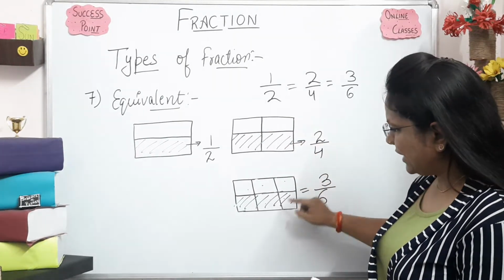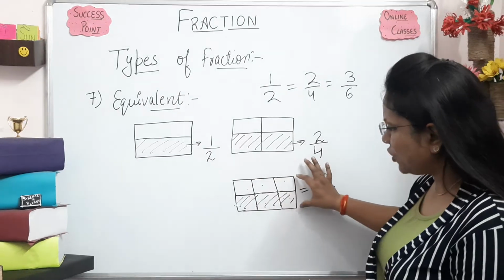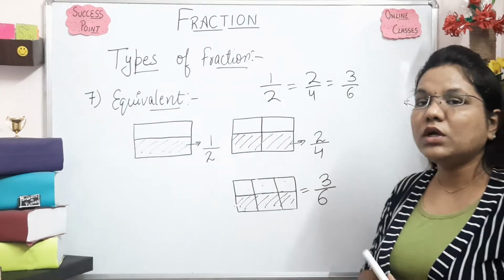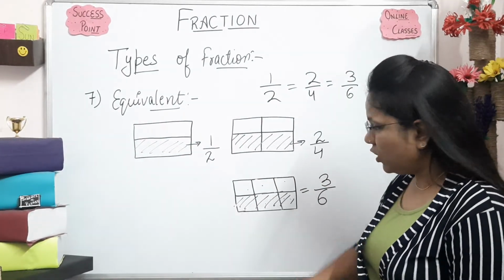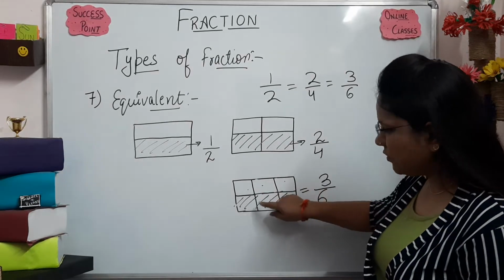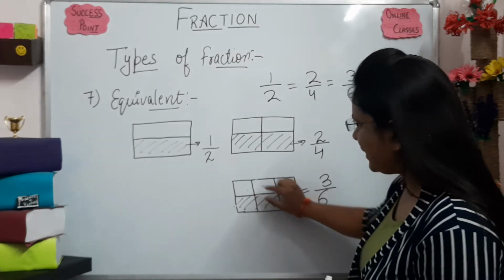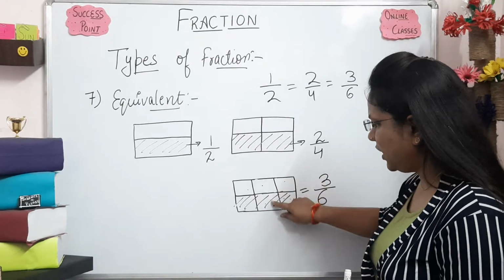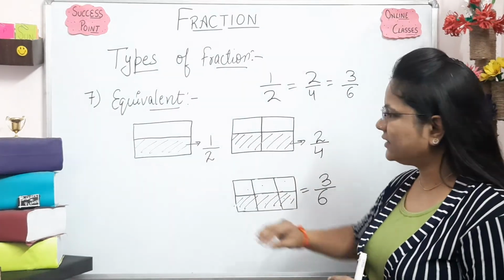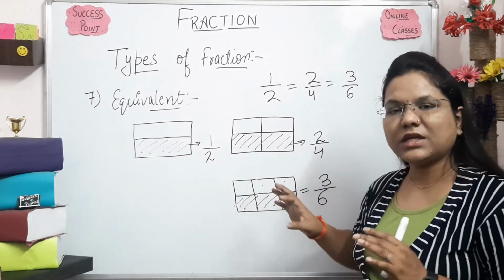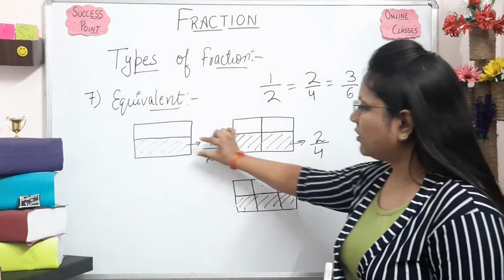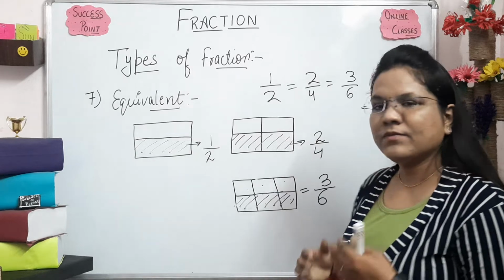In the third example, we have the same chocolate divided into 6 parts, and we are talking about the specific down part. So every time we are using the down parts. So we can say yes, all fractions are equal because the down part will be same.